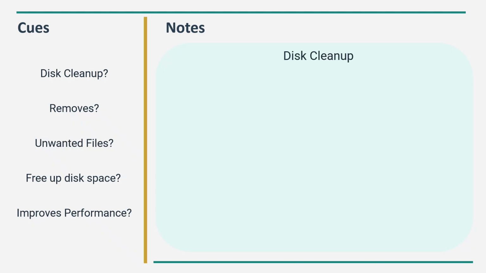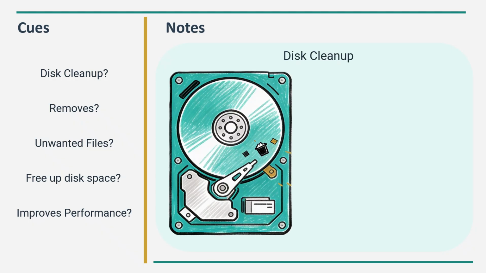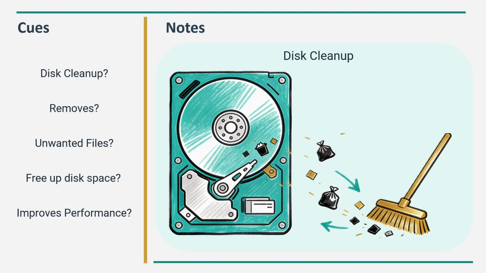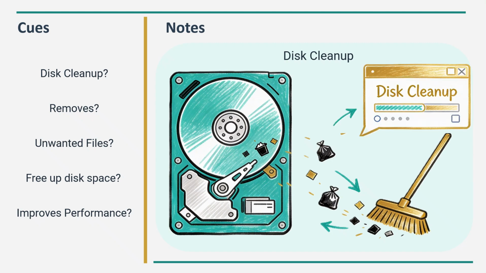Disk cleanup is a utility that finds and removes unnecessary files from your hard drive. These include temporary files, items in the recycle bin, and other files that are no longer needed. By deleting them, you free up disk space and can slightly improve performance, especially if the disk is almost full.